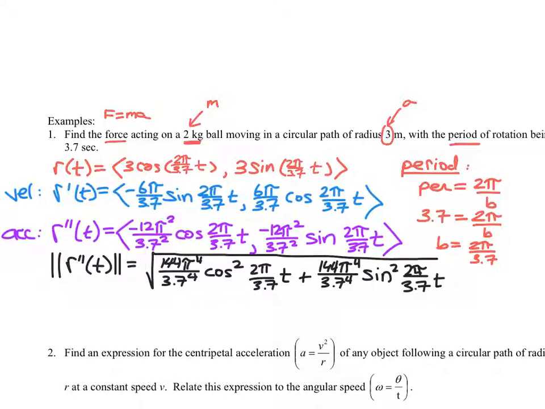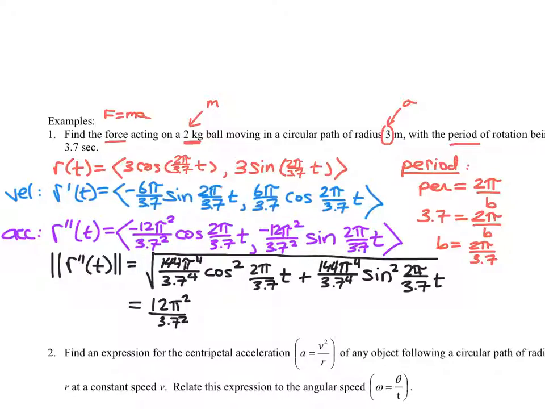So just like we did before, this is a beastly looking thing, but we have a common factor that can be pulled out of the whole thing. So go ahead and do that. Pull it right out of the radical. It becomes 12 pi squared over 3.7 squared. When you pull it out, you're left with a cosine squared something plus sine squared same something. Cosine squared plus sine squared is equal to 1, so that ends up being irrelevant, right?